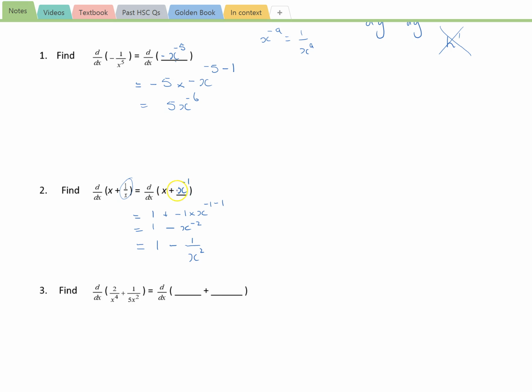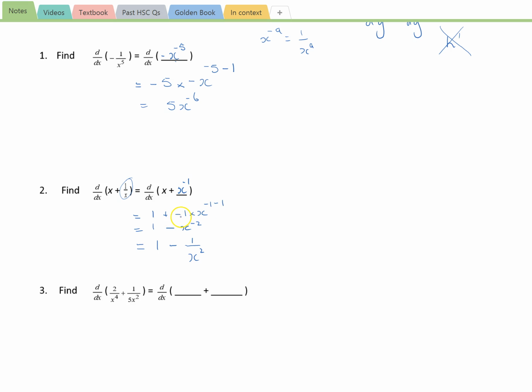In the next line, because I've set this up in such a way that I can differentiate it, I don't need the instruction because I am actually differentiating. The derivative of x is 1. Then I have a plus. I'm going to bring the power to the front of x and I'm going to subtract another 1. So I've got 1.